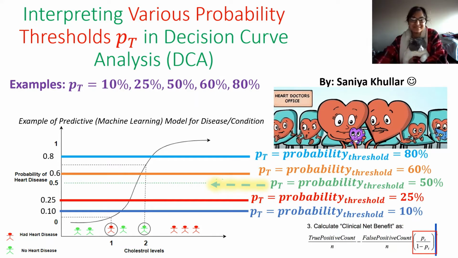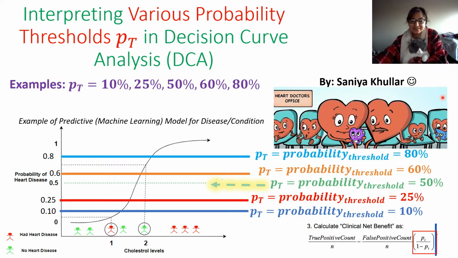And in this video, we'll be talking about how you can interpret various probability thresholds in decision curve analysis. For instance, the probability threshold of 10%, 25%, the default 50%, 60%, 80%, and other probability thresholds in any application like coronary heart disease.